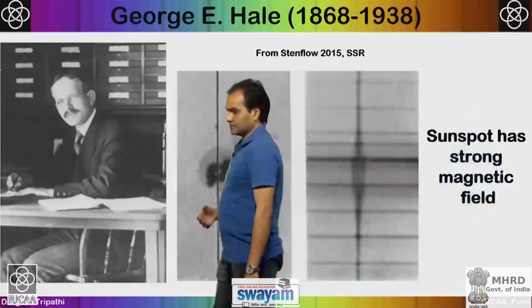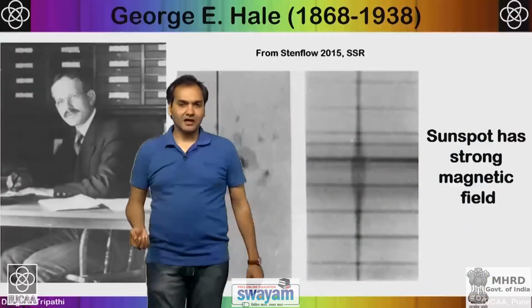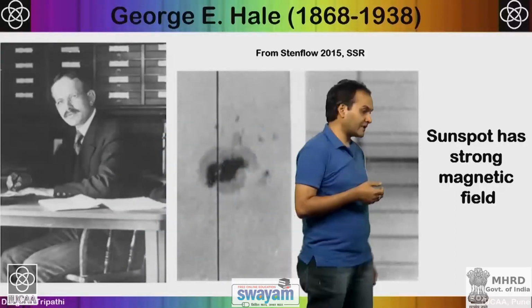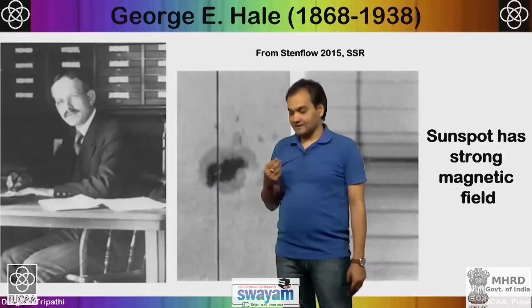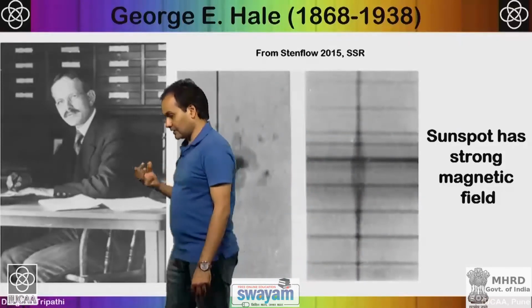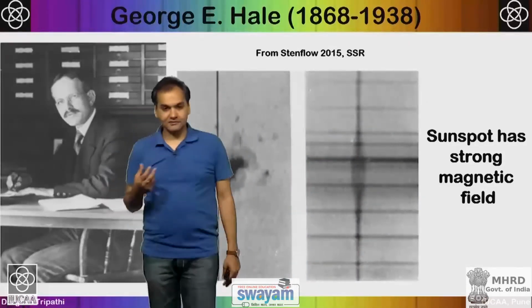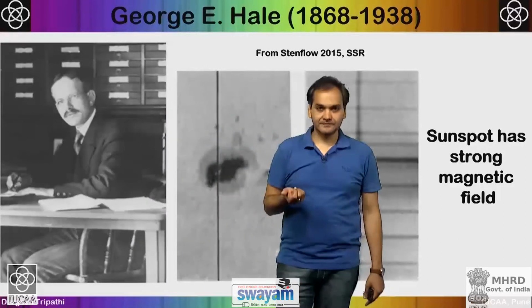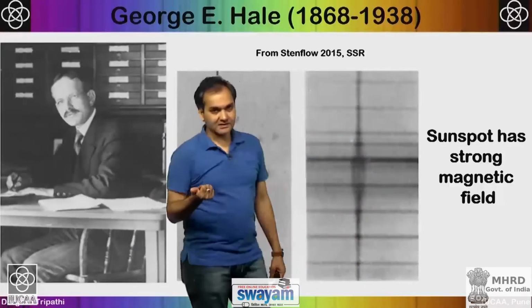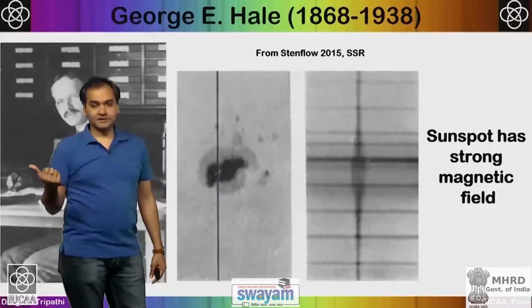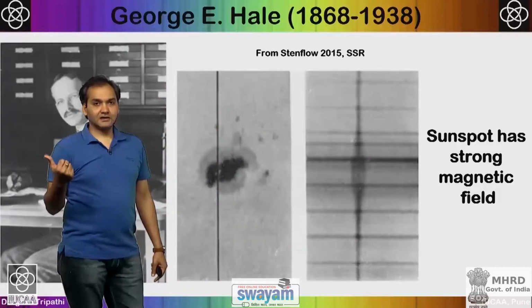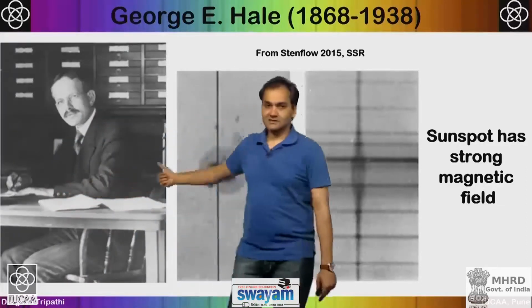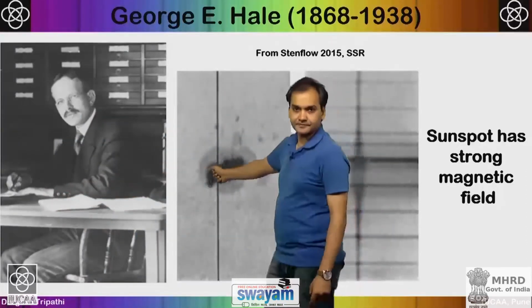And around that time, it was Zeeman who had studied in the lab that if you have a gas, with spectra coming from the gas, and you put a magnetic field, the spectral line will start to split. And because of that discovery, Hale discovered that the sun has a magnetic field, and sunspot regions are the magnetic regions which are shown here.